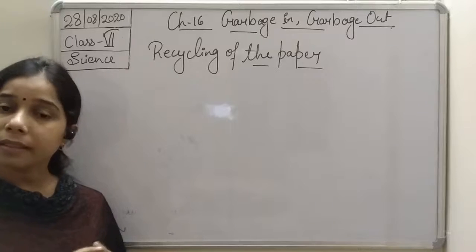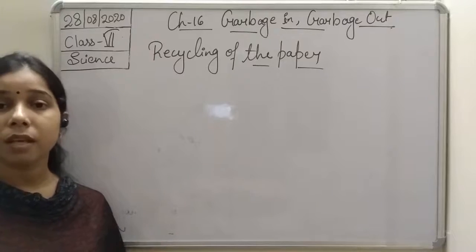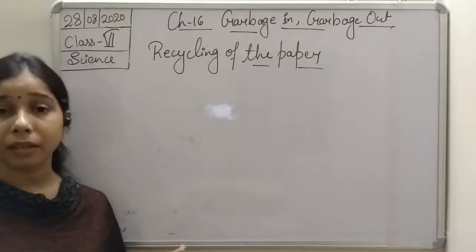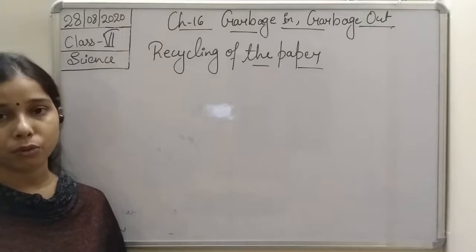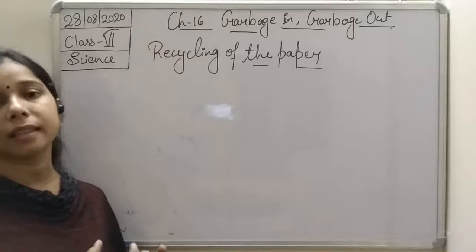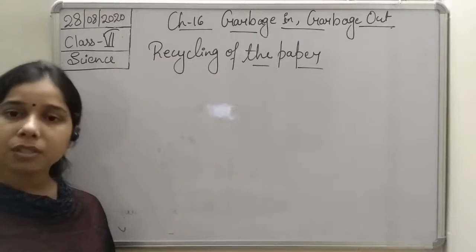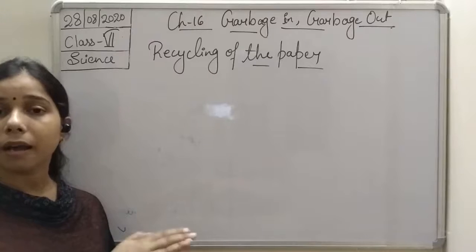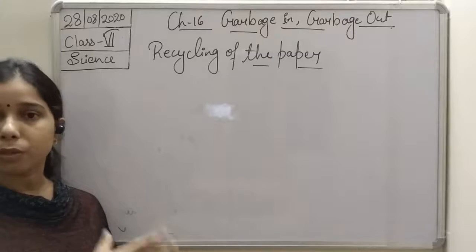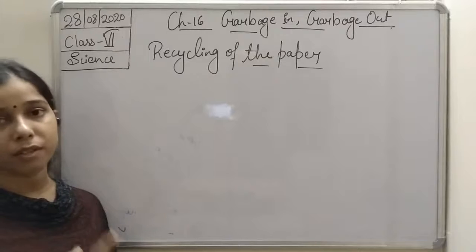Okay, when a thick layer of paper is formed, students, then you will lift it and leave it undisturbed again so that the excess water present in that paste of paper will drain off. If you want, you can use old newspaper or old clothes so that you can remove the excess amount of water which is present in it.